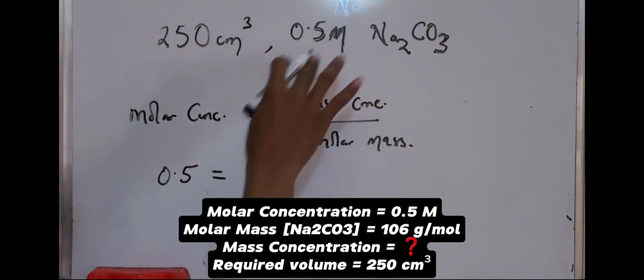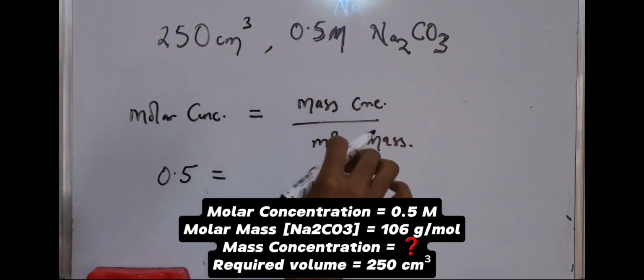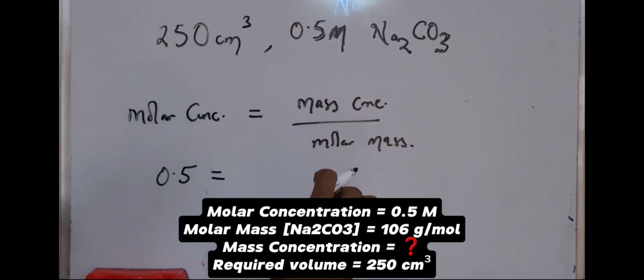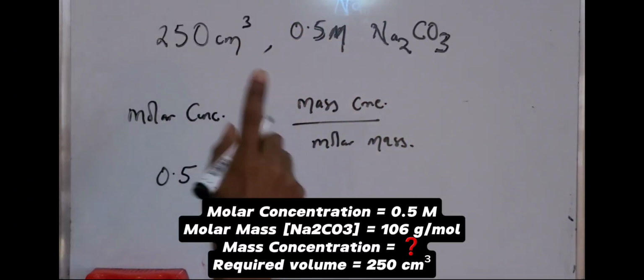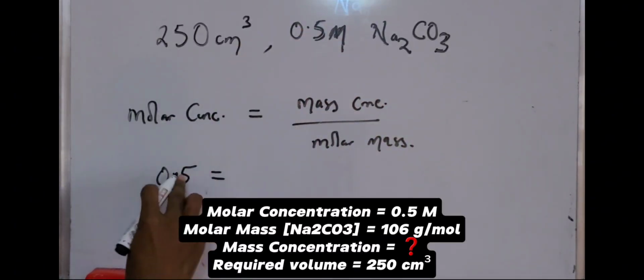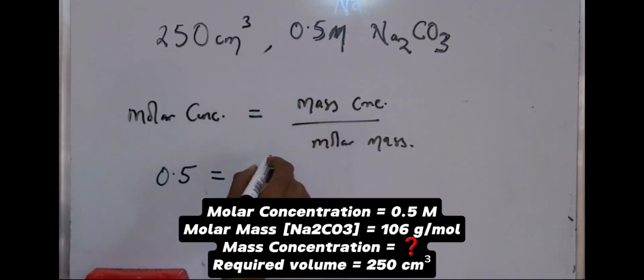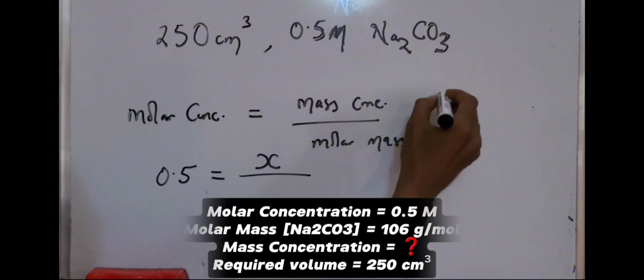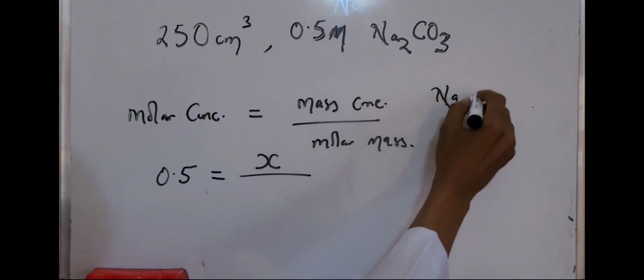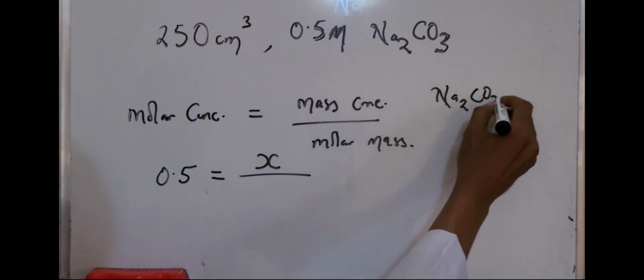It means that any calculation you are doing now is in dm cube, and 1 dm cube is 1000 cm cube. So now this is 0.5 molar concentration. Mass concentration is what we need to calculate in order to weigh and prepare this volume. So I have divide by molar mass. Once you've done this correctly, I've shown you guys that earlier.